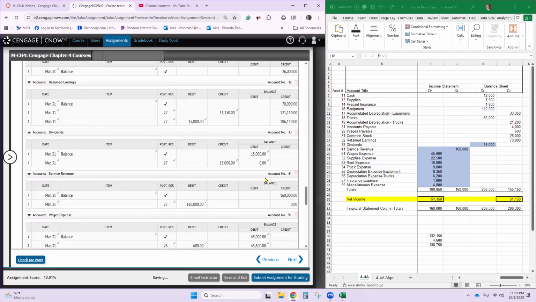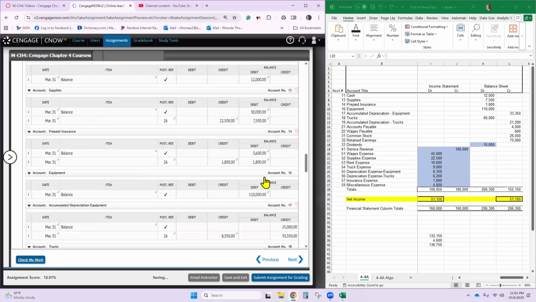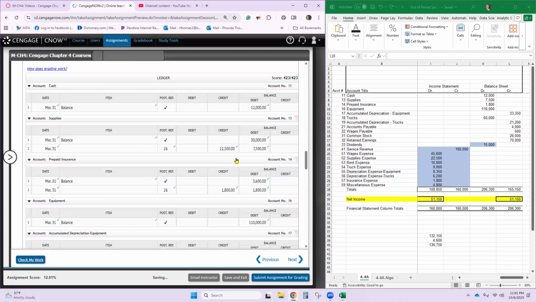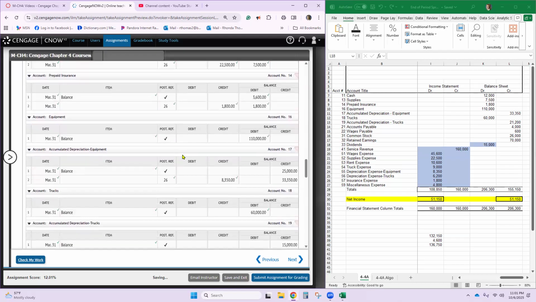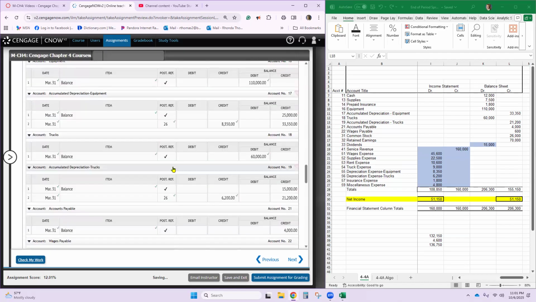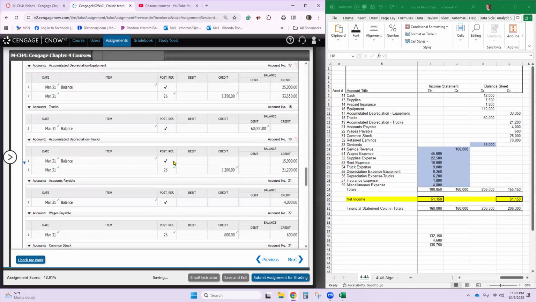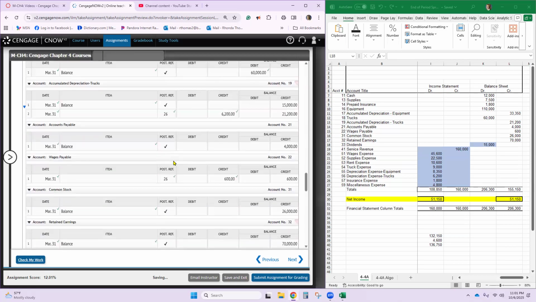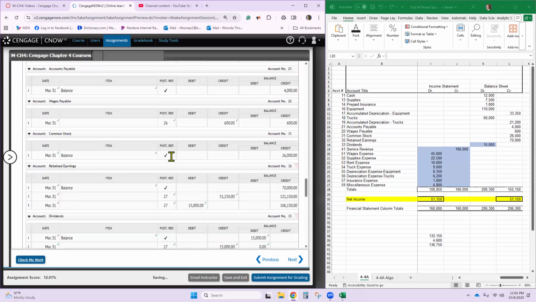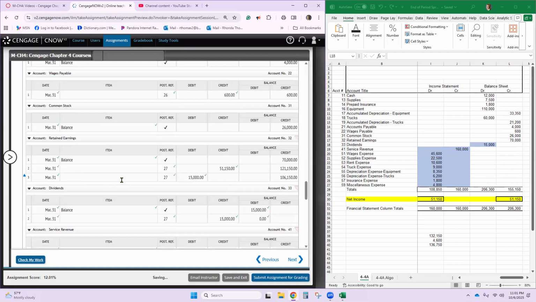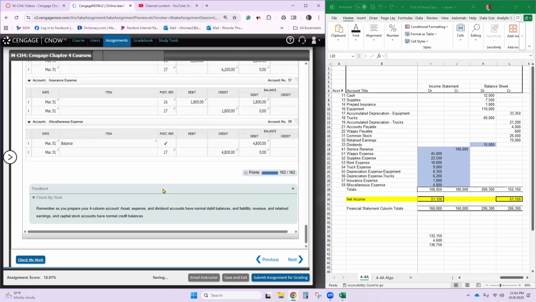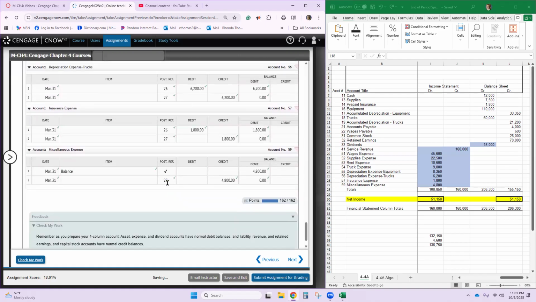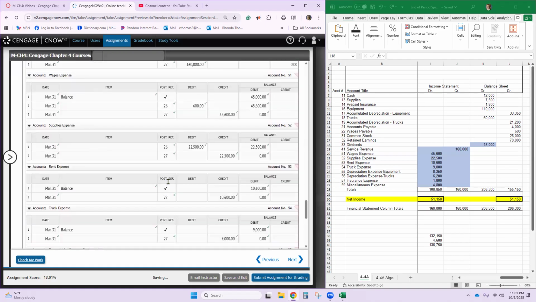So one more time, the only accounts that we are going to put into the post-closing trial balance is cash, supplies, prepaid insurance, equipment, accumulated depreciation equipment, trucks, accumulated depreciation trucks, accounts payable, wages payable, common stock, retained earnings. That's it. The dividends, the revenues, and these expenses will not be on post-closing trial balance.